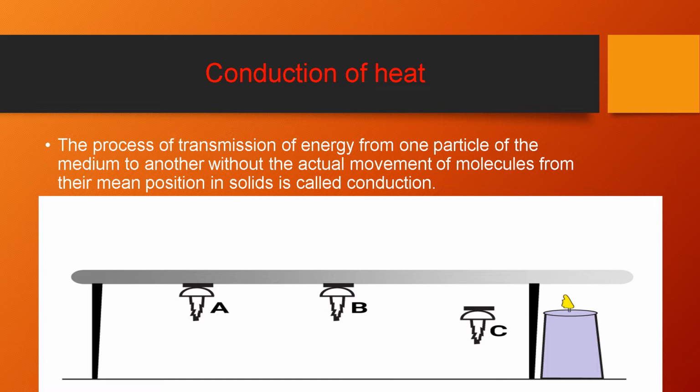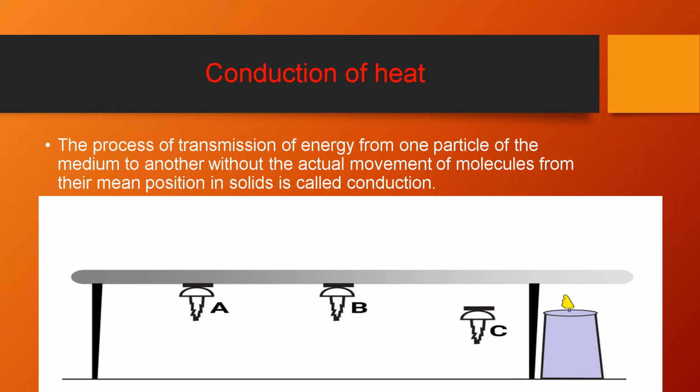To observe the conduction of heat, you can do a very small experiment. You can take a long metal scale or ruler, and keep it horizontally with the help of wooden pieces.